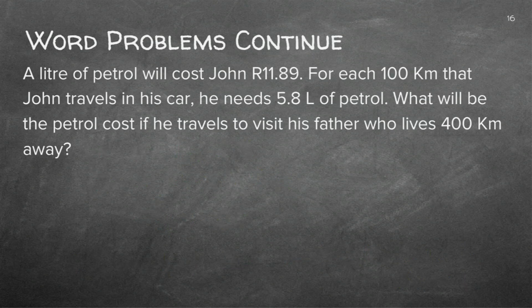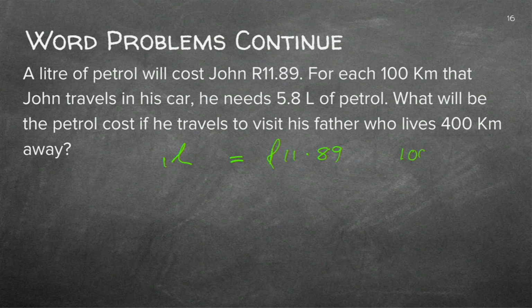Cool. Next one. A litre of petrol will cost John 11 rand and 89 cents. So 1 litre equals 11 rand and 89 cents. For each 100 kilometers that John travels, he needs 5.8 liters.